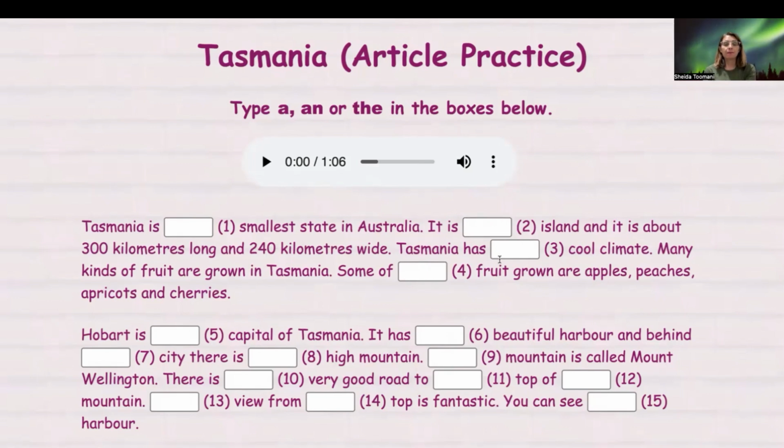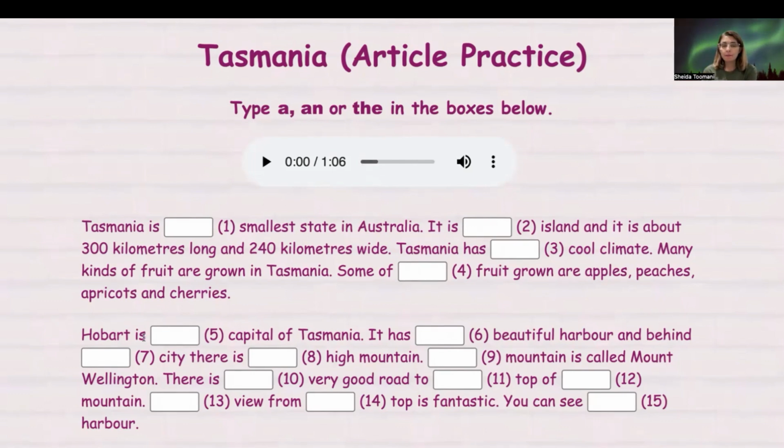Tasmania has cool climate. Many kinds of fruit are grown in Tasmania. Some of fruit grown are apples, peaches, apricots, and cherries. Again, what is your idea for number 3 or 4? A, an, or the?